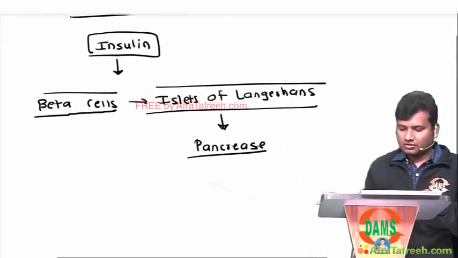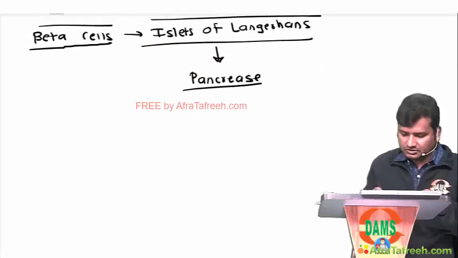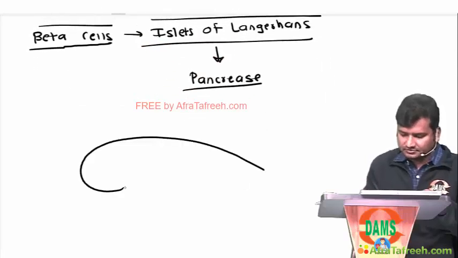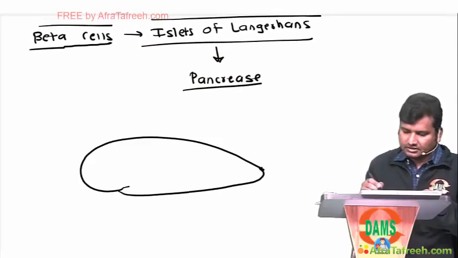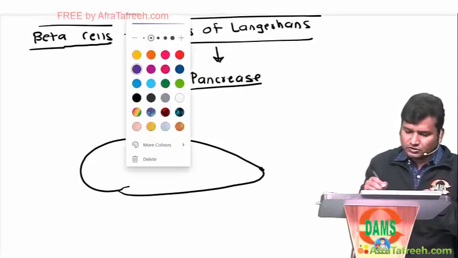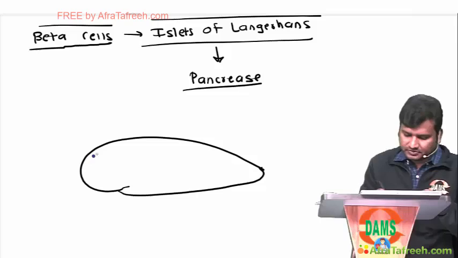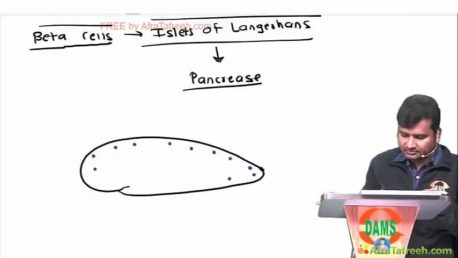So now suppose this is pancreas. In pancreas there are small groups of cells. These blue dots are islets of Langerhans.